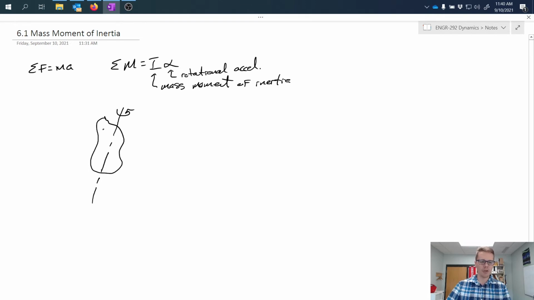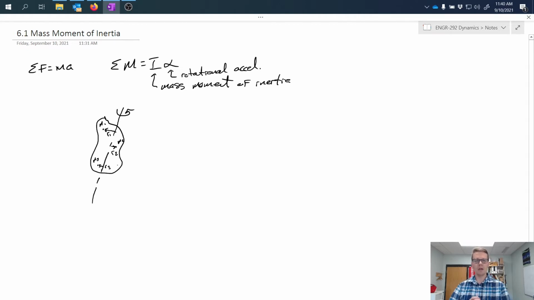So I might have a particle located here, a particle here, a particle here. All of these are little quantities of mass. For each of these masses, let's call them M1, M2, M3. And we're going to measure how far away each of these masses is from that axis. We measure that perpendicular distance and label those R1, R2, and R3.